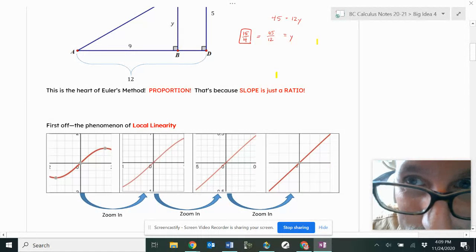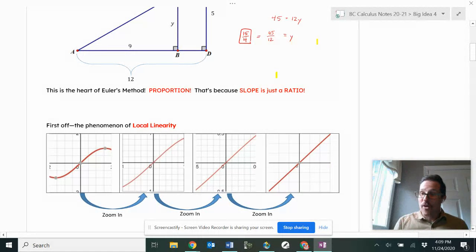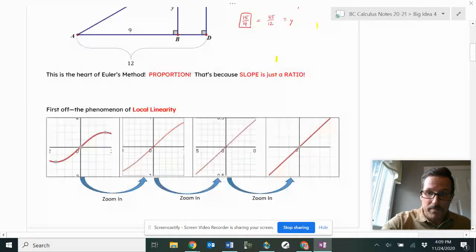Whoa. Wow, that's crazy. It's just a straight line. So if you zoom in far enough, every curve is just straight lines, right? That's where the idea of derivative comes in. This idea of the slope of a curve instantaneously is thanks to this phenomenon of local linearity.